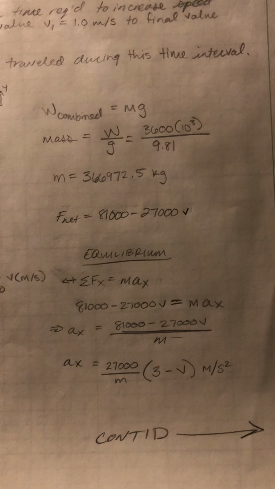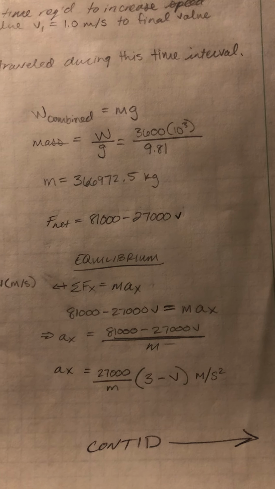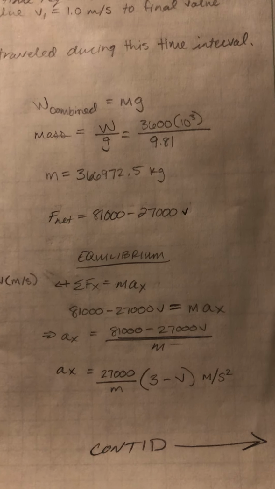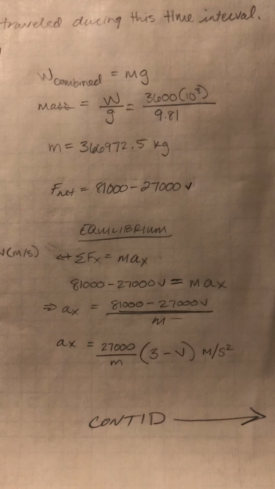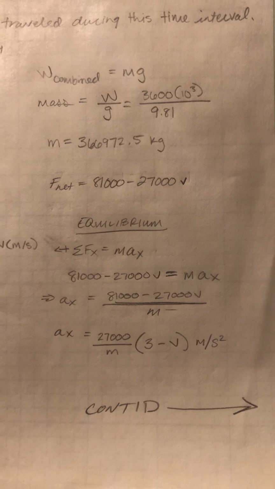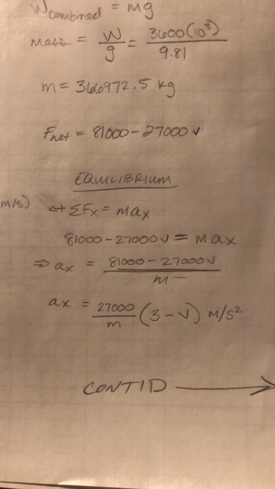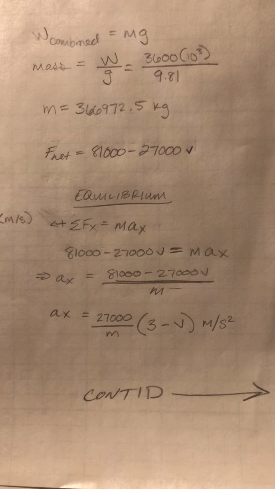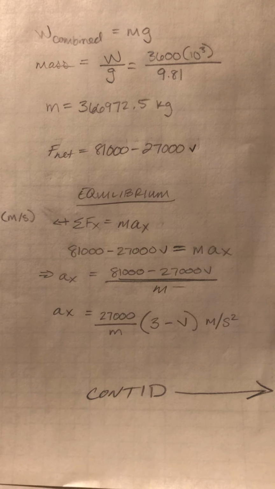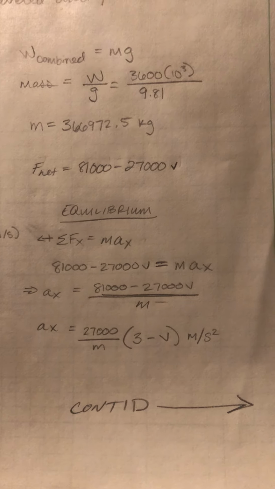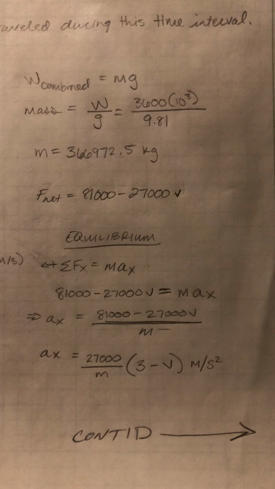Setting that equal to the equation that we were given, we're able to find the acceleration. We're able to get this function, ax equals 27,000 divided by mass times 3 minus v meters per second squared.